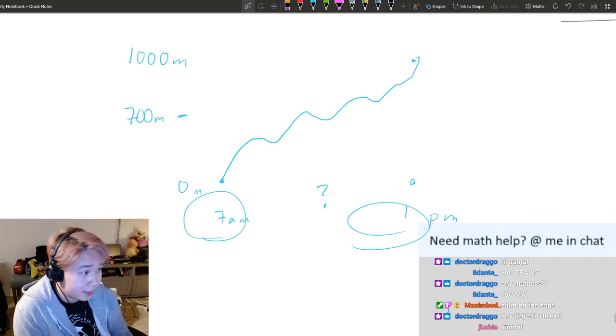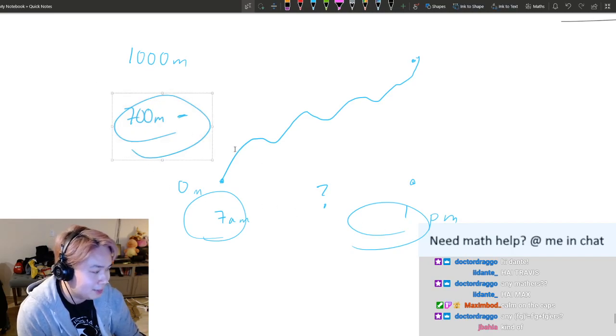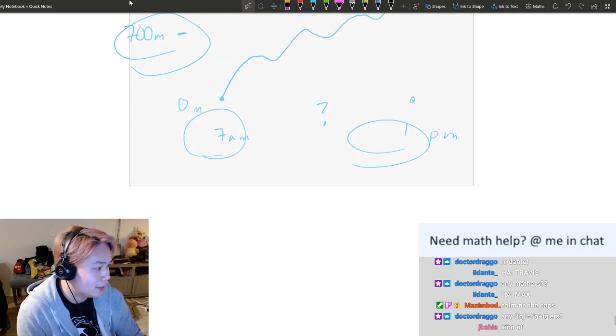You don't know what time, but you know that eventually at some point during that trip, you had to be at 700 meters because you hiked to 1,000 meters. There's no way to get from 0 to 1,000 without hitting 700 first. That's what the intermediate value theorem is. So I don't know if that helps you understand it better.